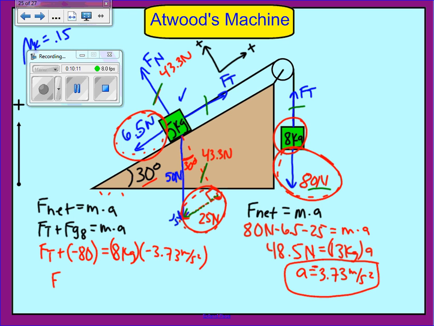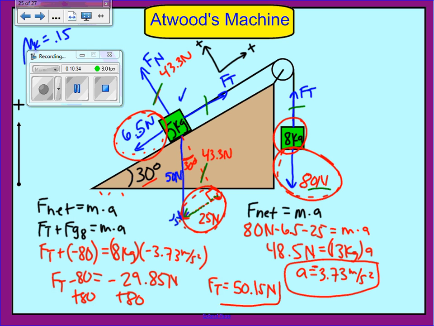We got force tension minus 80 equals 8 times negative 3.73, which gives me negative 29.85 newtons. Add 80 to both sides, and I end up getting a force tension of 50.15 newtons.